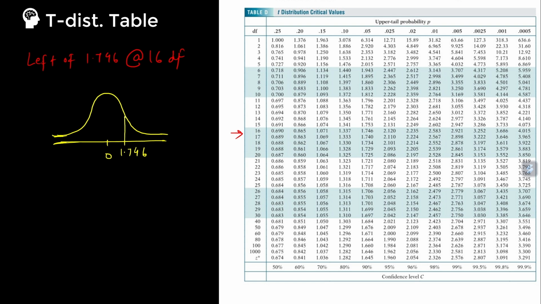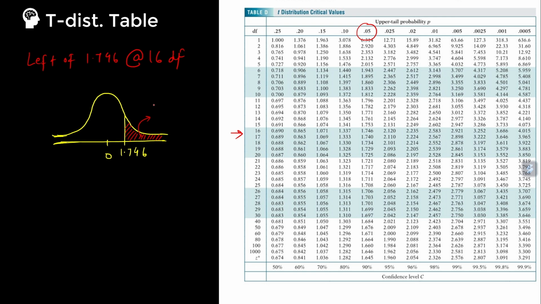Okay, so as I told you previously, for the 16 degrees of freedom and on the point 1.746, we have the area as 0.05, but it always shows us or gives us the area on the right side of it.